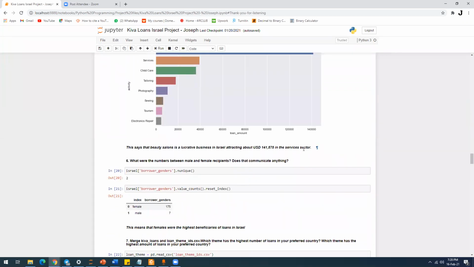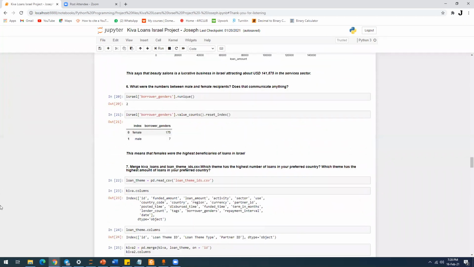Okay, number six, what were the numbers between male and female recipients? Does that communicate anything? I just did an nunique so that I could see if there are any other borrower genders that are not female or male, or maybe I can find female and male in the same column.